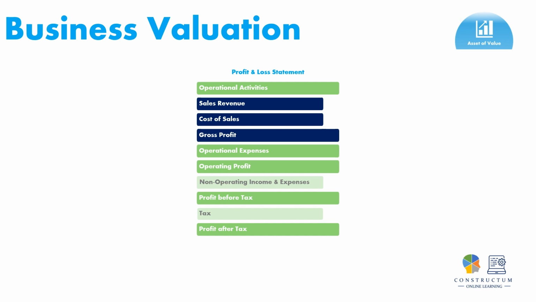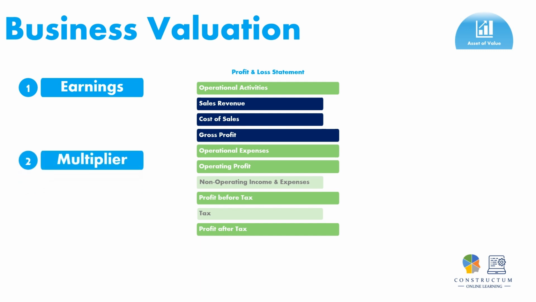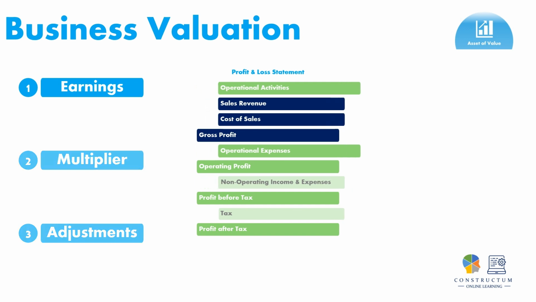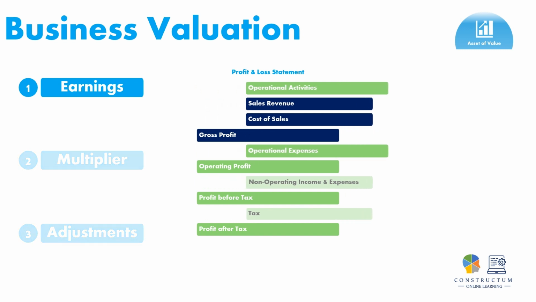This method of business valuation consists of 3 steps. Step 1, calculate the business's earnings or profits. Step 2, decide on the multiplier. And Step 3, adjust the value by adding certain assets and deducting certain liabilities. Step 1. In Chapter 10, I explained that in accounting terms, there are 4 types of profit.